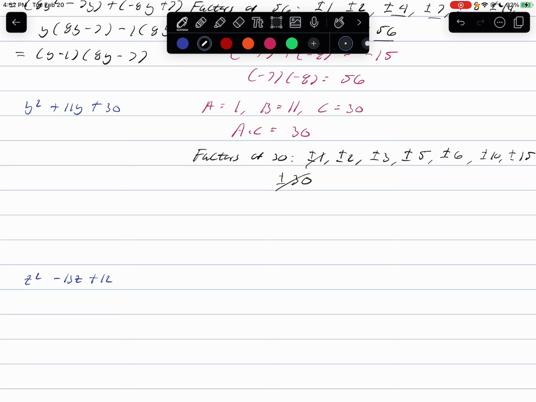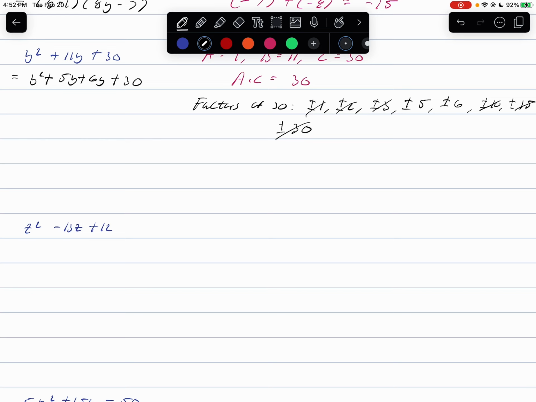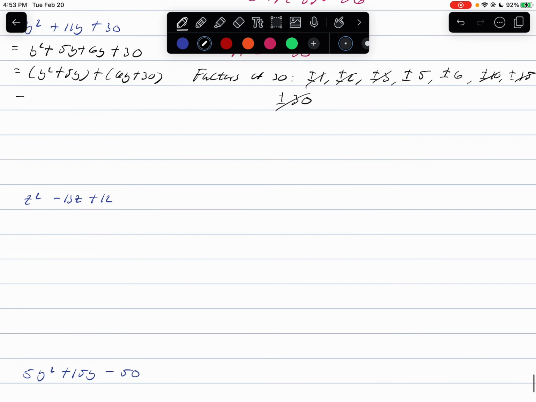Okay? And now we can do our grouping here. We can write this as y squared plus 5y plus 6y plus 30. Now we can factor out a y from the first two terms, so I have y times y plus 5.